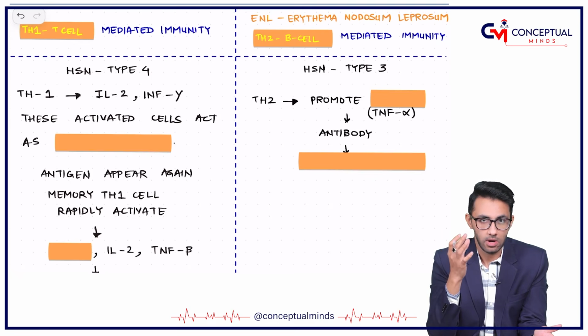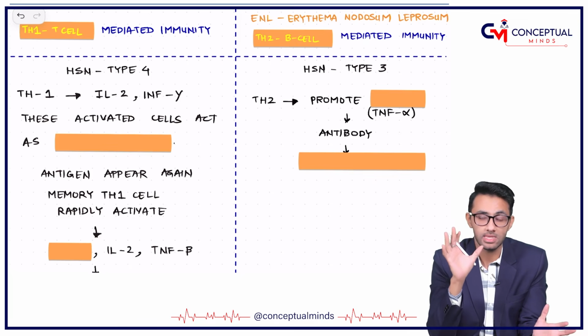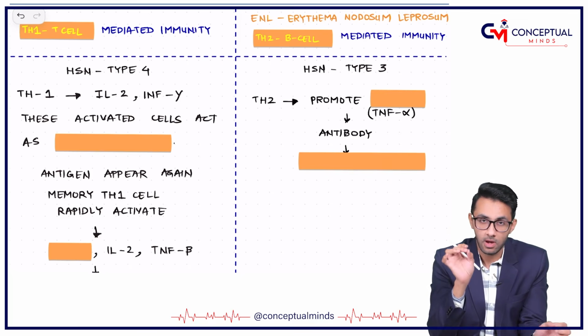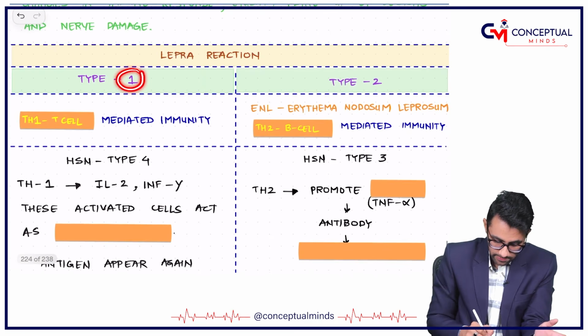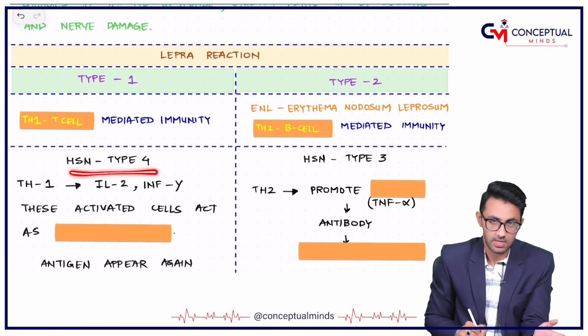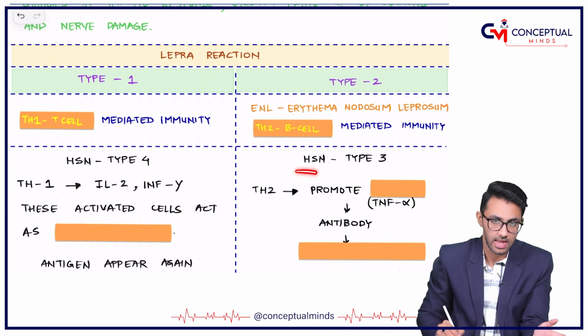But what you will do is just remember one rule. What is that rule? The rule of 5. If you remember this rule of 5, you will never get this question wrong. What is the rule of 5? Type 1 Leprae reaction is hypersensitivity reaction type 4, and type 2 is hypersensitivity reaction type 3.